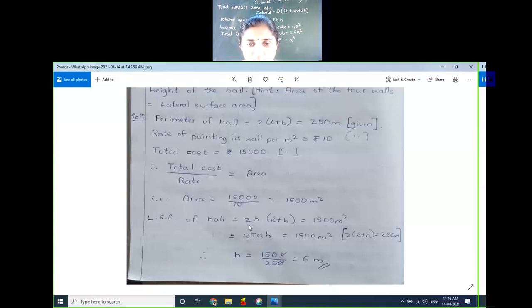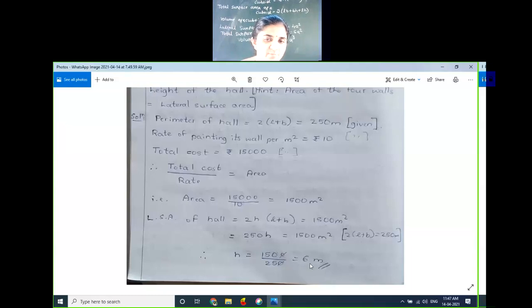Now h is unknown; h only we have to work out. 2 into (L plus B) is the perimeter of the hall, 250. So substitute 2 into (L plus B) as 250, h keep as it is, equal to 1,500. Now what is h? h is equal to 1,500 divided by 250. Zero cancels, 150 divided by 25, that is equal to 6 meter.